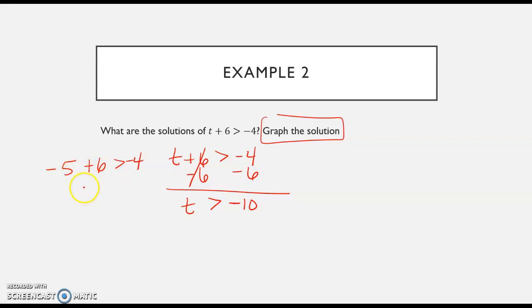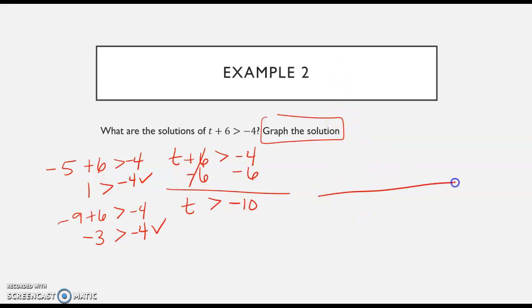So negative 5 plus 6 would give us 1, which is indeed greater than negative 4. Cha-ching. Okay, I could do negative 9. Negative 9 plus 6, is that greater than negative 4? And negative 9 plus 6 is negative 3, which is greater than negative 4. So we're good. So that's just if you're like, I'm not sure if that's correct. That's how we check. We're just checking to see if what we have statement-wise is going to be true.